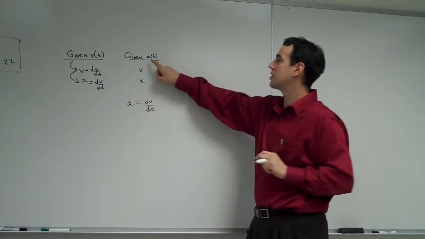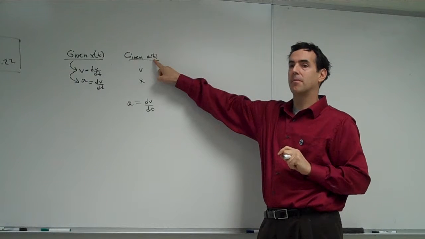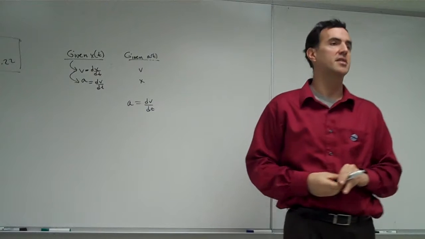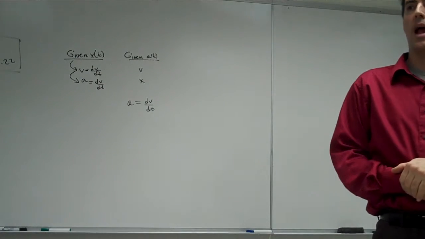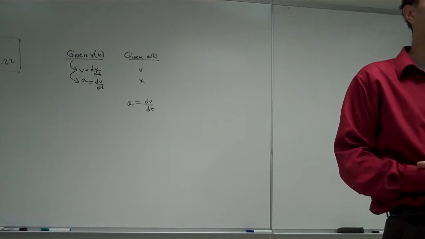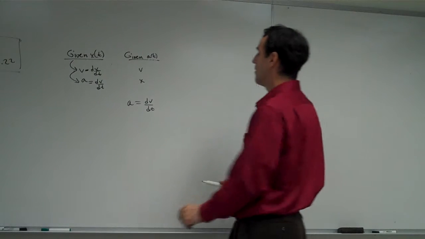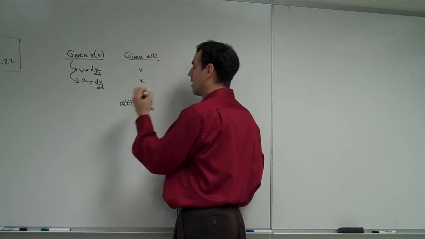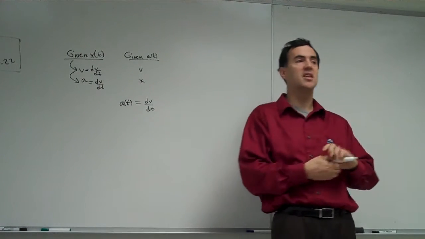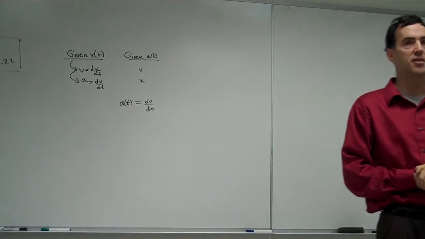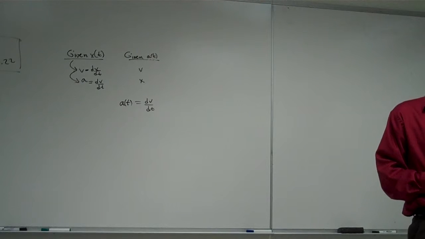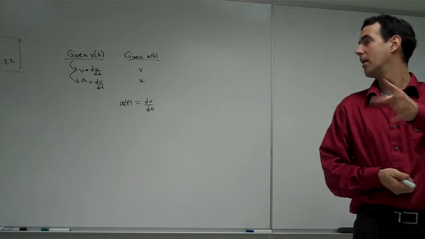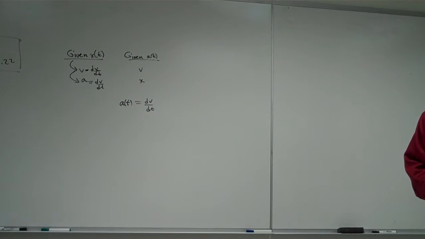And if the acceleration is given as a function of time, that's what that parentheses t means. So the acceleration is presented, and the variable in it is a t for time. If the variable is a t for time, it's not too hard to separate this differential equation. What we mean by separate is I need to get all the time variables on one side and all the velocity variables on the other.